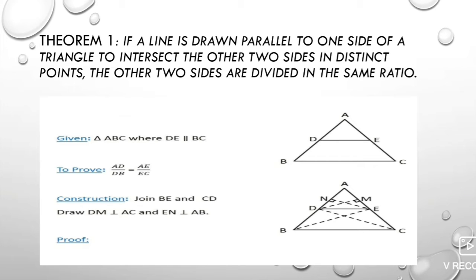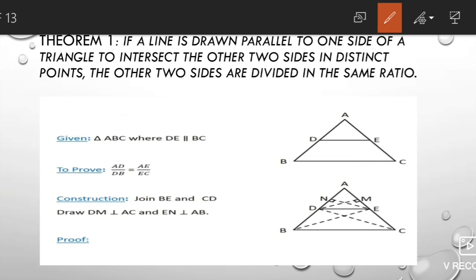The statement is, if a line is drawn parallel to one side of a triangle to intersect the other two sides in distinct points, the other two sides are divided in the same ratio. What does it mean? Suppose this side DE is parallel to side BC, a line drawn parallel to one side of the triangle.